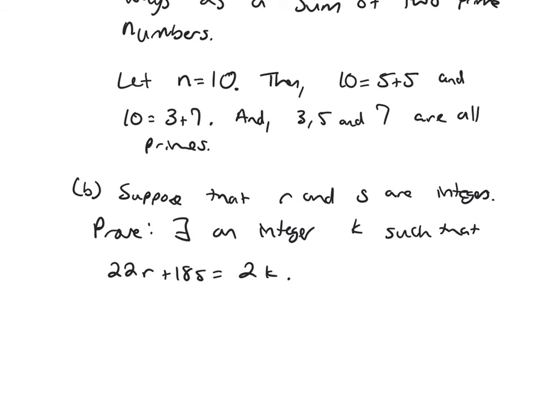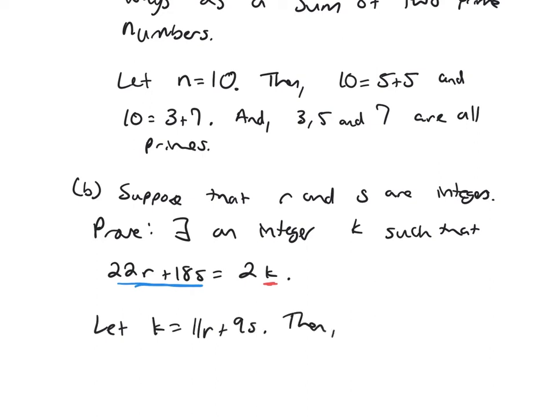So you're trying to find this integer k. And so what have you done? You've really factored 2 out of your term here. So if I look over here and factor out 2, that will tell me what k needs to be. So k needs to be 11r plus 9s.